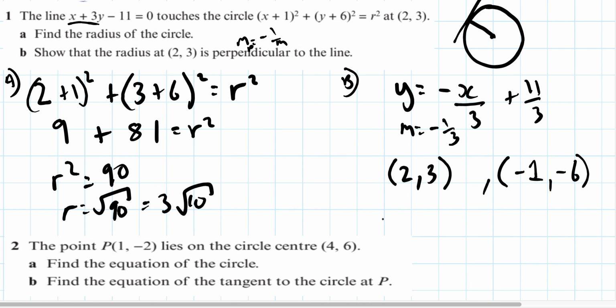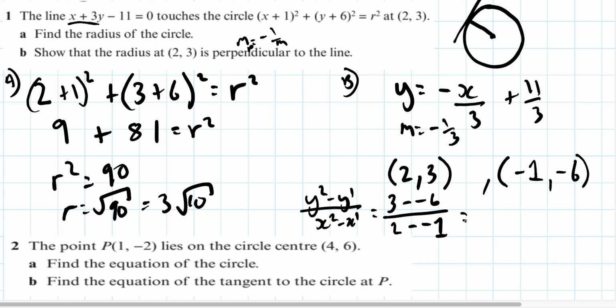Using y2 minus y1 over x2 minus x1, that gives us 3 minus minus 6 over 2 minus minus 1, which equals 9 over 3, which equals 3. So we can show that 3 times minus a third equals minus 1, which shows that it is perpendicular.